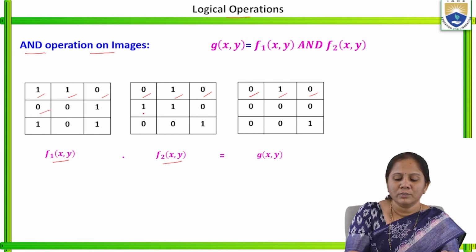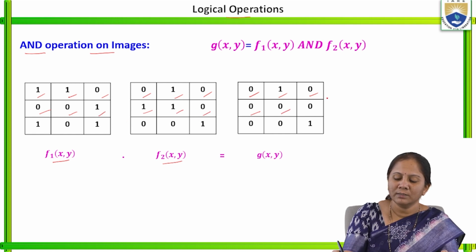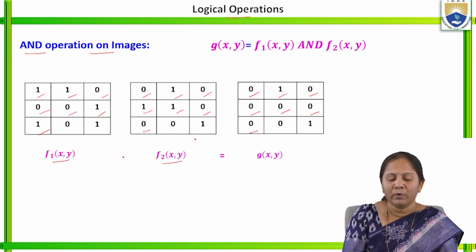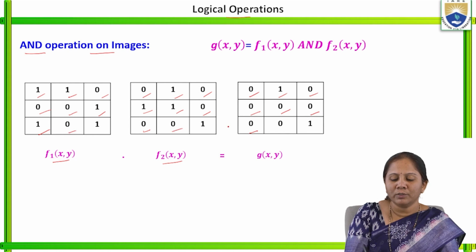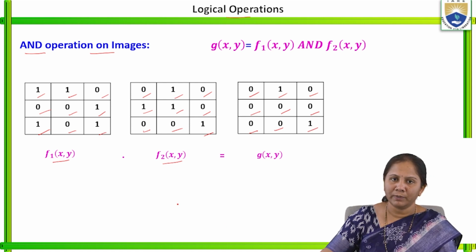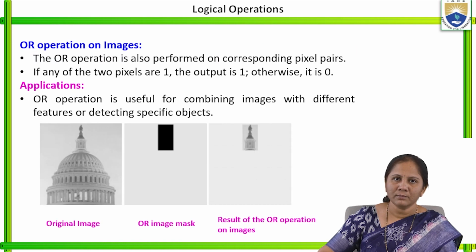So 0, 1 is 0, 0, 1 is 0, last 1, 0 is 0, and next 1, 0 is 0 because both should be ones. And 0, 0 is 0 and 1, 1 both are ones, so the result will be 1. Like this we have to perform the AND operation between two images.